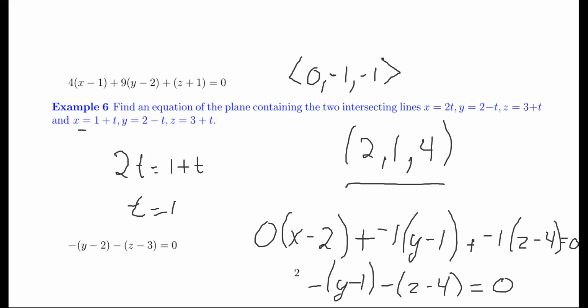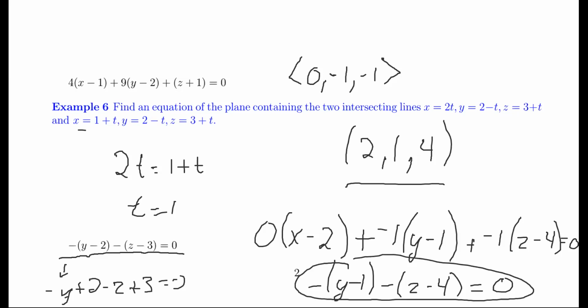Now notice, this is actually equivalent to this equation over here. Notice that this one here is negative (y plus 2) minus (z plus 3) is equal to 0, or in other words, negative y minus z plus 5 is equal to 0. And then let's go ahead and simplify the other one as well.